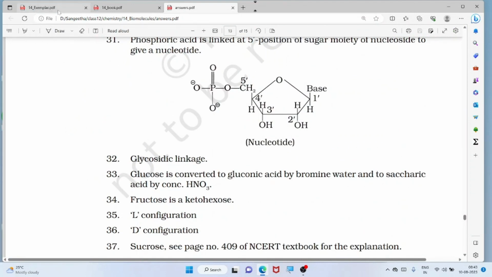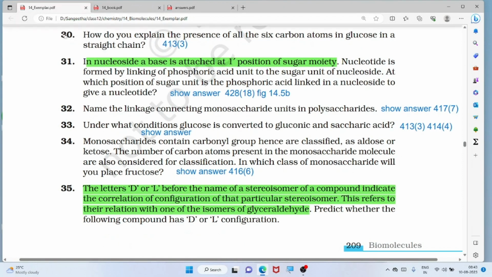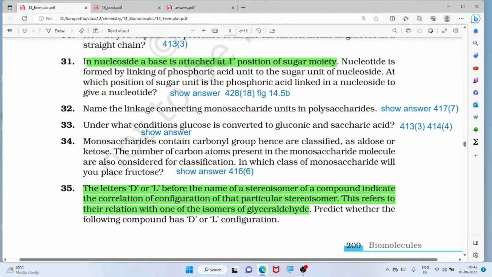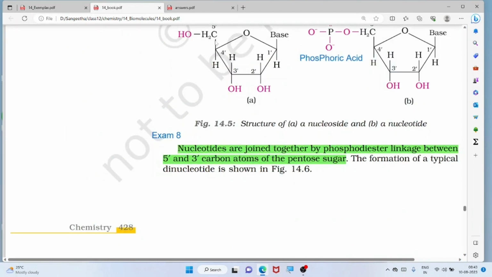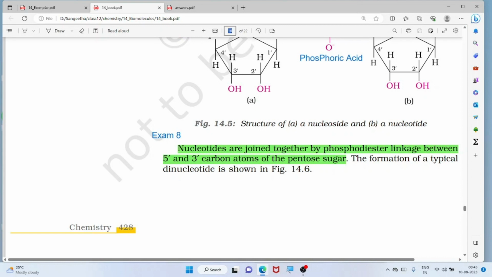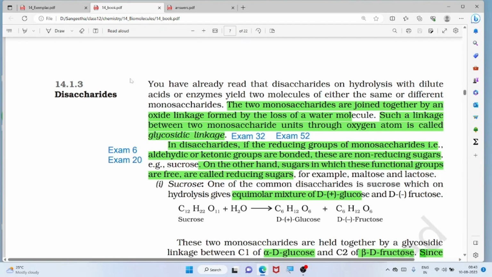Glycosidic linkage. This is glycosidic linkage. Two monosaccharides joined through an oxygen atom is called a glycosidic linkage.